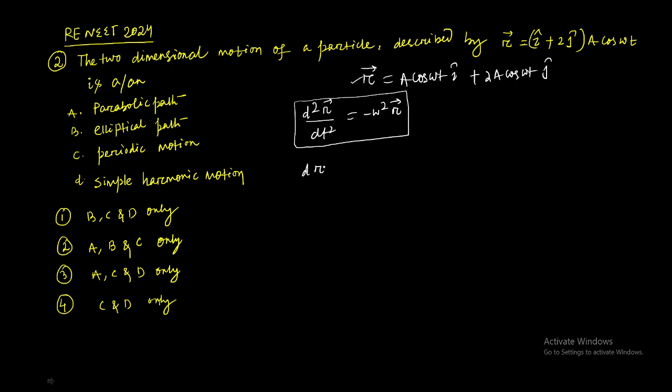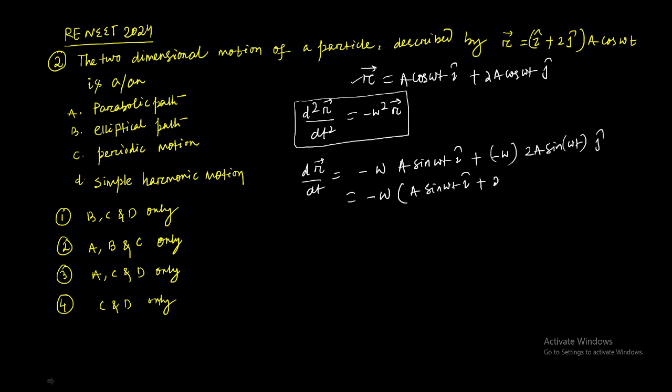Let's check. dr by dt is equal to minus omega A sin omega t i cap minus omega 2A sin omega t j cap. So this will be minus omega, common A, sin omega t i cap plus 2A sin omega t j cap. Now again take the derivative, that is the double derivative, to get the acceleration.